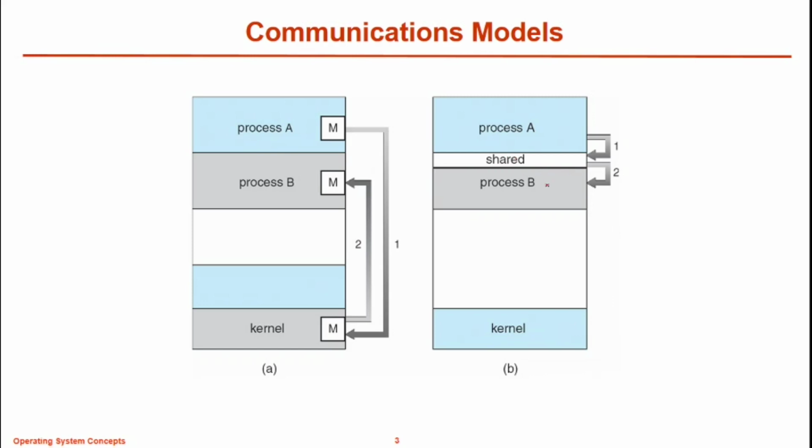The processes share the same resources and use the same memory. So there should be some communication between process A and process B, because if process A is holding a memory, process B cannot hold the same memory. At that time there should be communication between A and B. So this is shared memory.